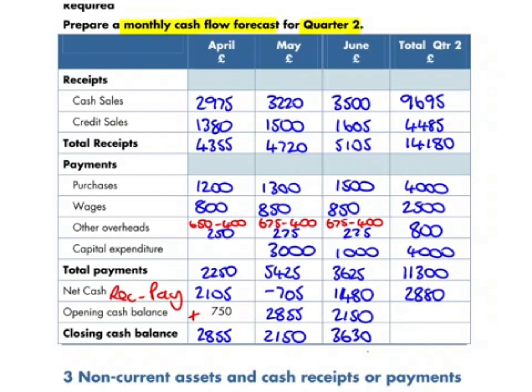We have a total net cash movement of positive £2,880. We started with a positive balance of £750. So if we add 750 to 2,880, we end up with a positive cash balance overall of 3,630.